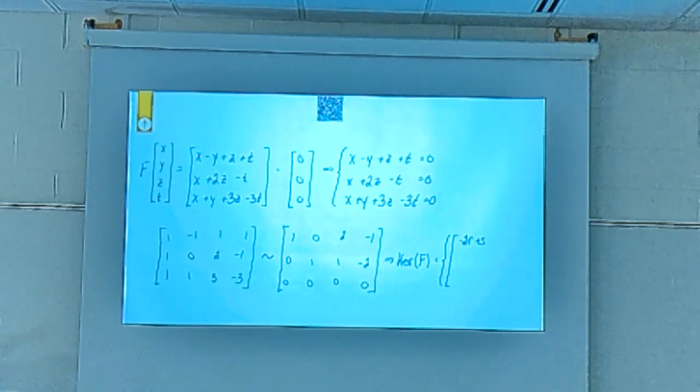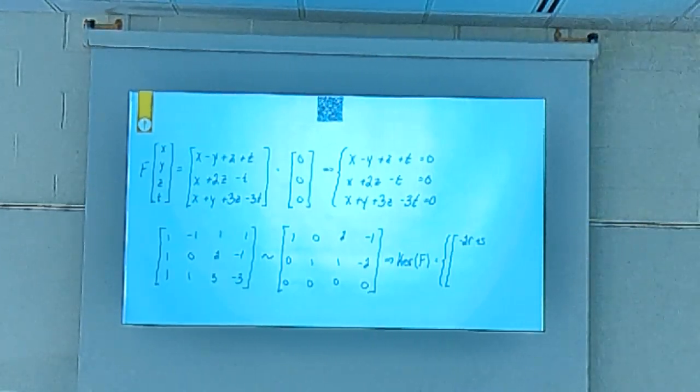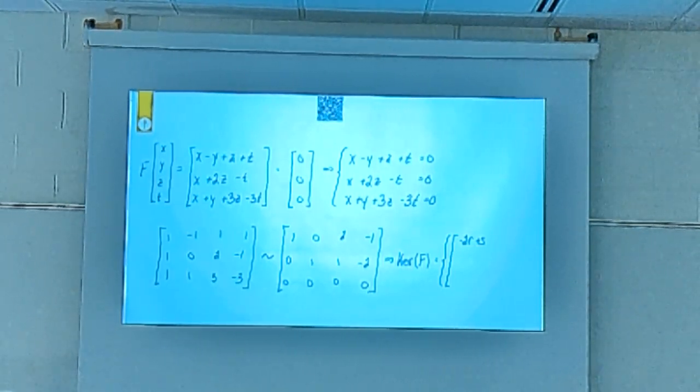And x1 plus, well, I guess it's x, right? x plus 2z minus t equals 0. So what does x equal? Negative 2z plus t, which I'm replacing with r and s, just so that I don't use the independent variables. r and s are going to be random numbers.